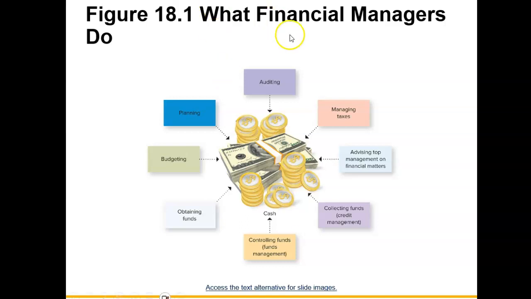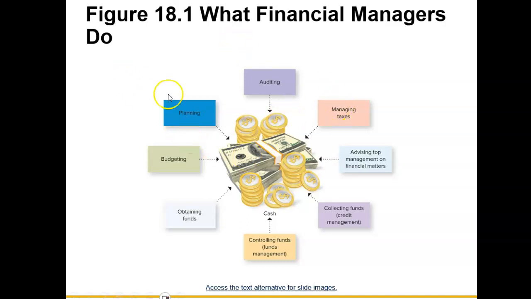So, what does a financial manager do? I'm glad you asked that question. These are some of the responsibilities that you will have as a financial manager. We'll cover some of this in this chapter, others later on. So, planning. Planning shows the projected inflows and outflows of the business. Auditing. This could be more of an internal audit where we have policies and procedures put in place to safeguard the assets of that business.